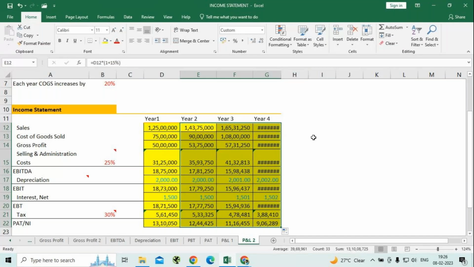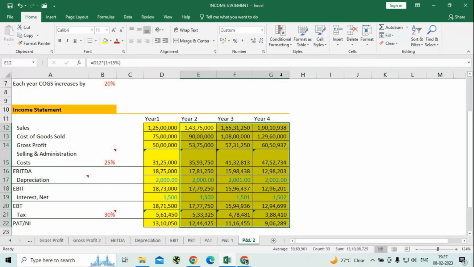How do you increase it? Make sure that in between the columns there is a midline, the bifurcation line. Either hold it and drag it, or double click on it, and it is going to get auto adjusted.